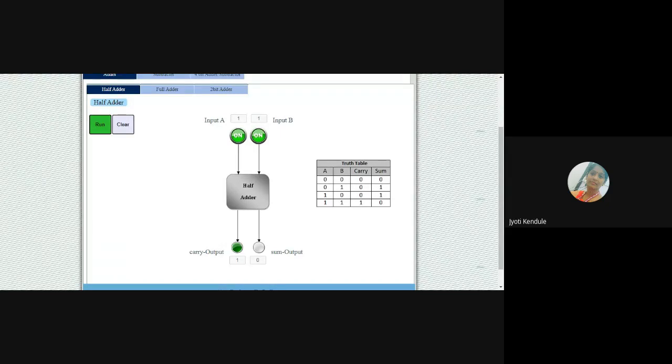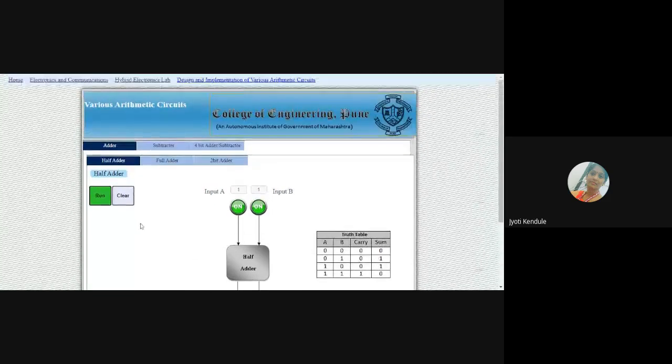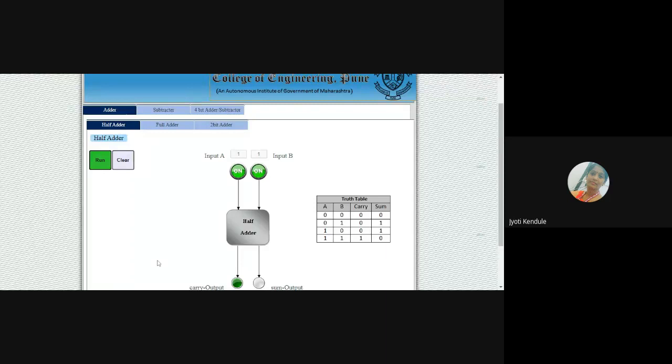Half adder means we are going to consider the two inputs only, and the output is summation and carry. Okay. Now after half adder, we'll go to the full adder. What is the change in the full adder? We are going to consider two inputs, and the third input is taken from the carry.